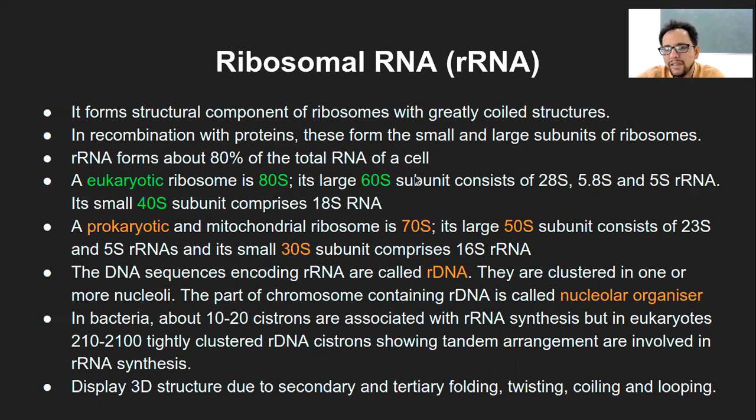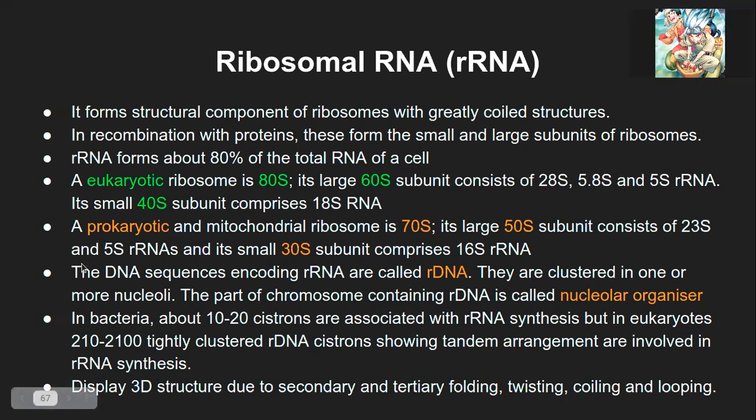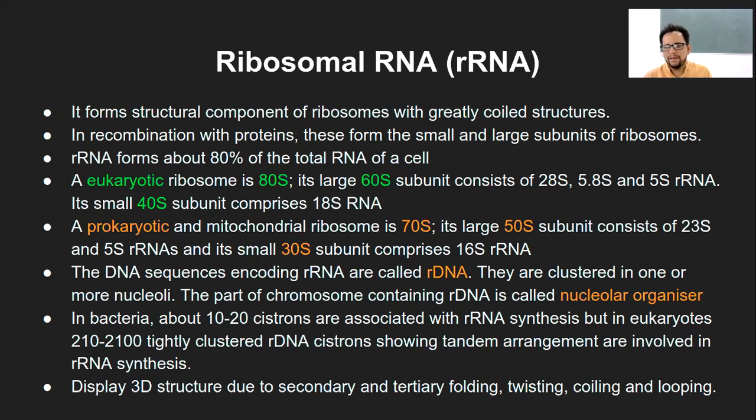Again, these are the RNAs in this ribosomal subunit, while the 40S subunit comprises 18S RNA. So eukaryotic ribosome is 80S divided into 60S plus 40S, and they have certain RNAs with specific sedimentation coefficients. Sir, yes, so the larger the sedimentation coefficient, the faster it sediments. Yeah. Okay.